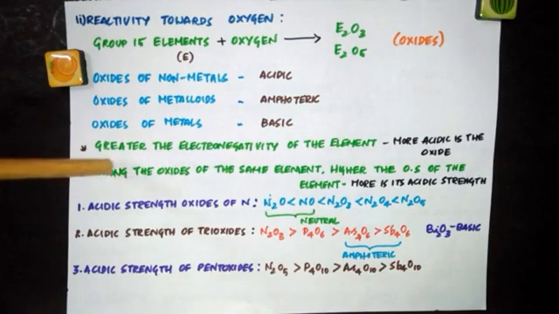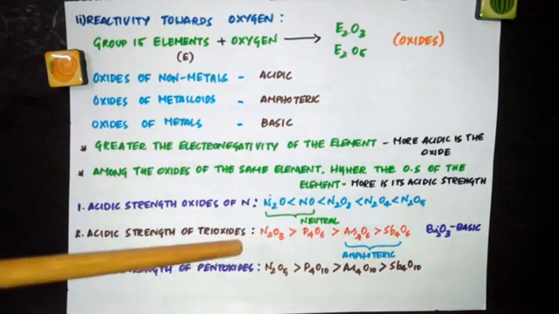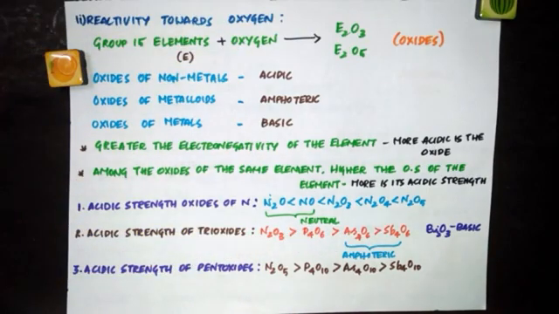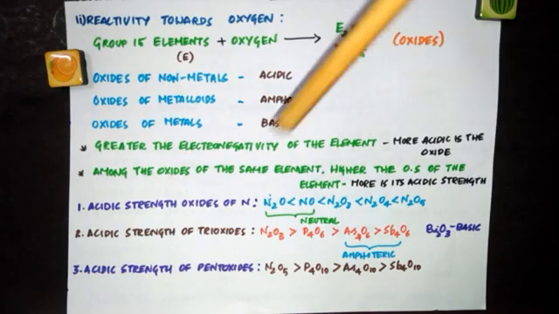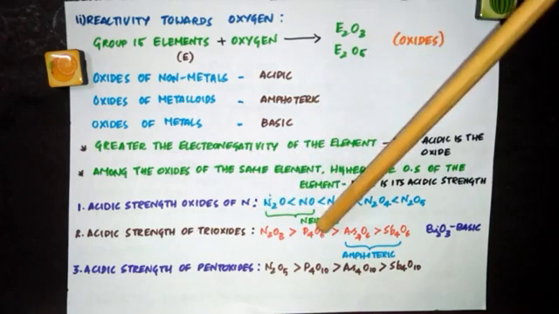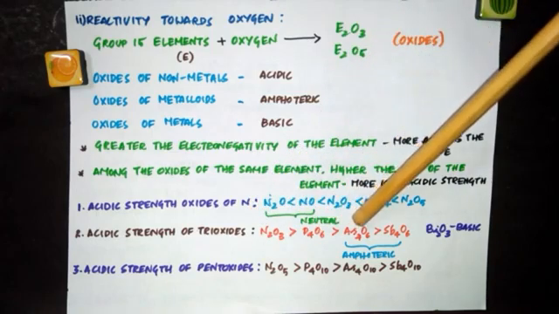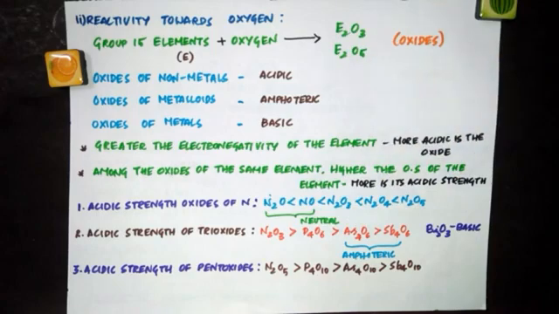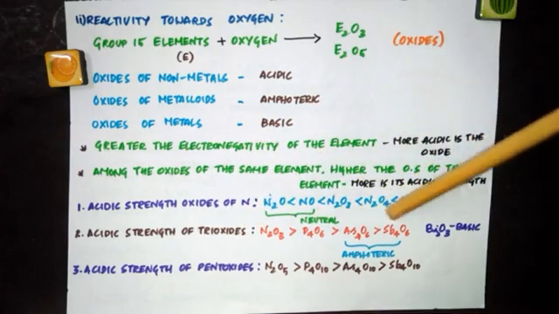Among the oxides of different elements, greater the electronegativity of the element, more will be the acidic strength. And you know the electronegativity decreases down the group from nitrogen to bismuth. So acid strength of N2O3 is more than P4O6, and then comes As4O6 and Sb4O6.